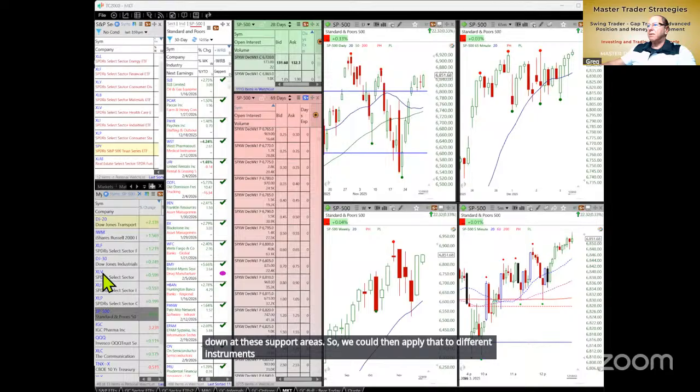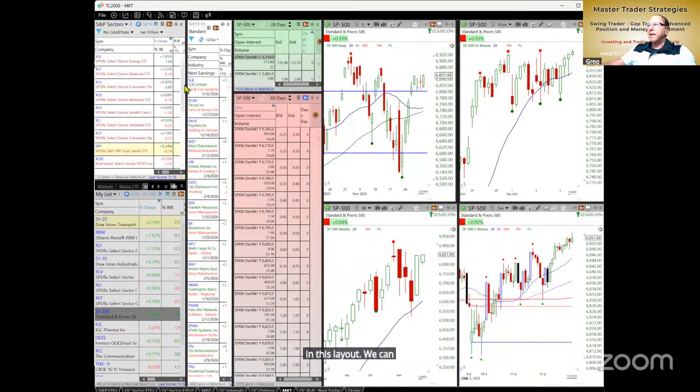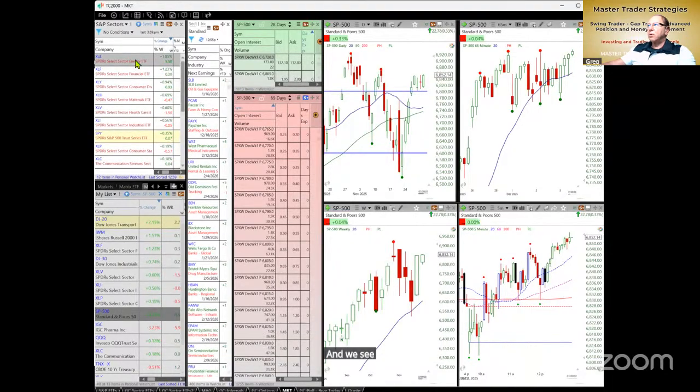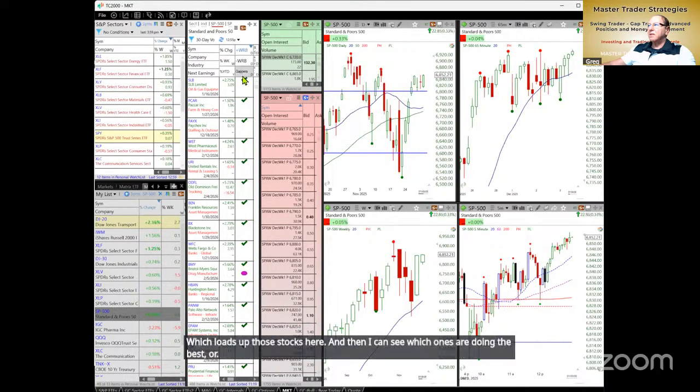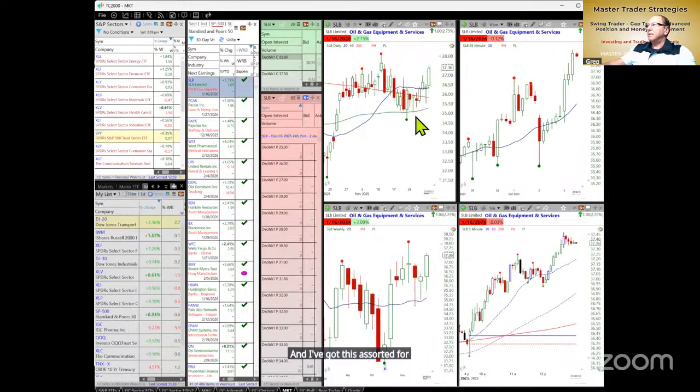And you can see here in this layout, we can see what's doing well or poorly on the day or the week. And we see energy is doing well, which loads up those stocks here. And then I can see which ones are doing the best, sorted for wide range bars. And we could start doing the same thing.